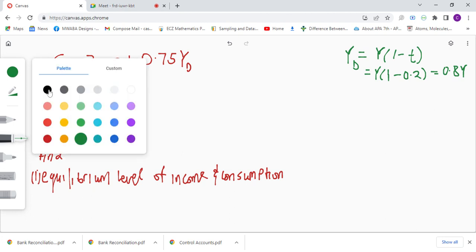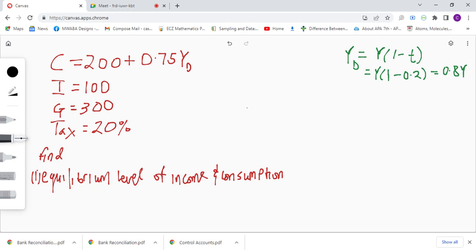To start, we're going to put our formula here. We're going to say Y equals C, which is consumption spending by households in the economy, I, which is investment spending by business in the economy, and G, which is government spending within the economy.